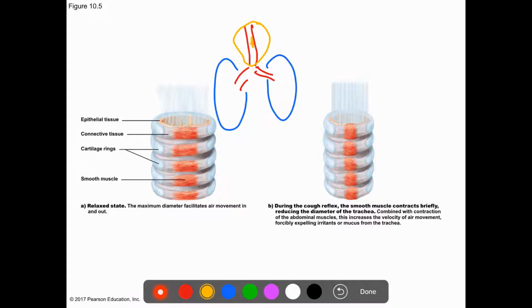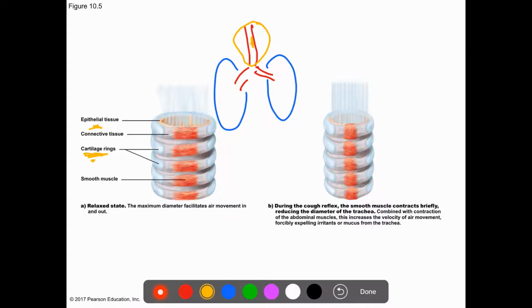The trachea or the windpipe is kept open by the C-shaped cartilages, the cartilage rings. And these cartilages are lined with epithelial tissue that is covered with a mucus.